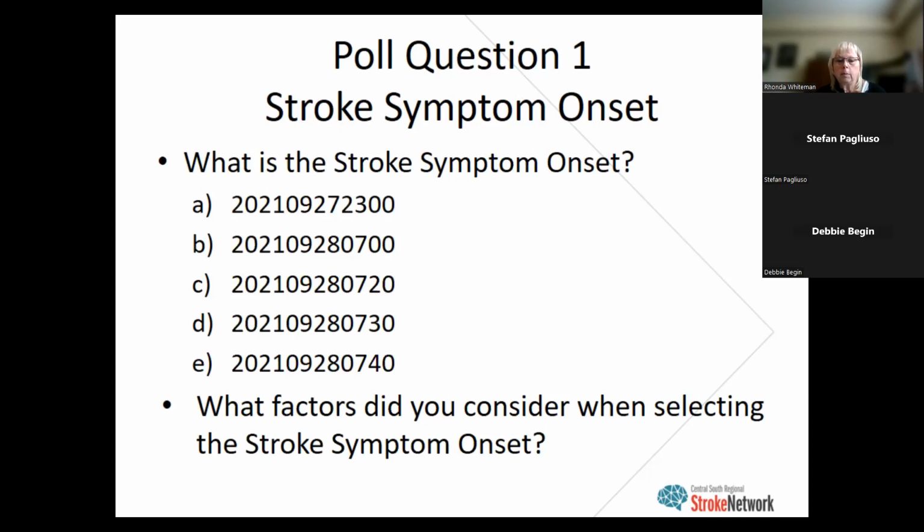We'll just wait a couple more minutes. Okay, I think most of the collecting is done, so we'll end the poll and share the results.